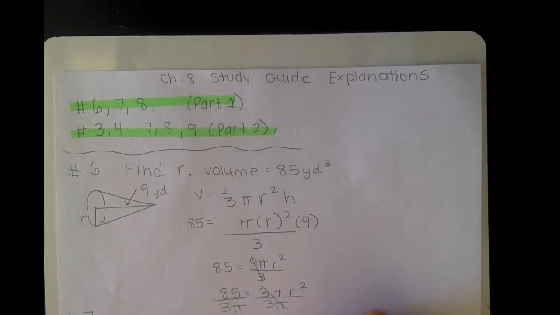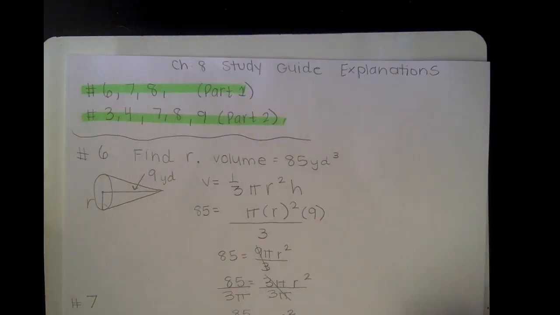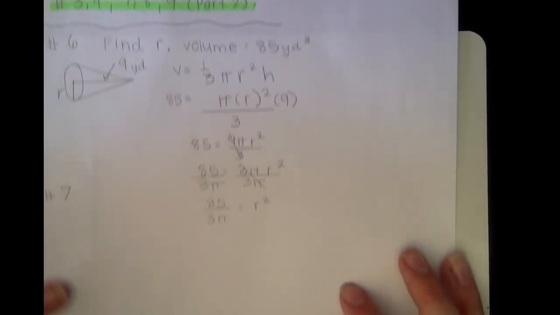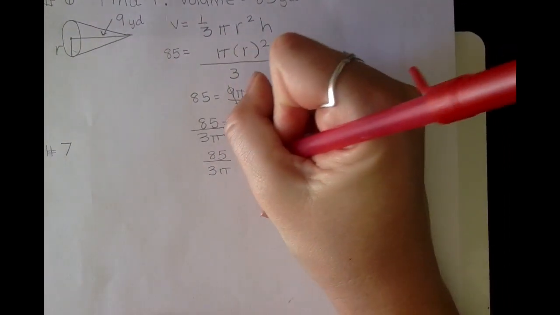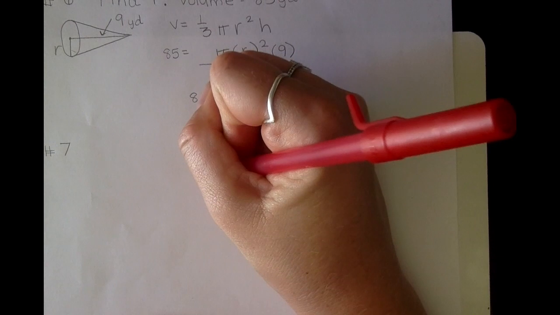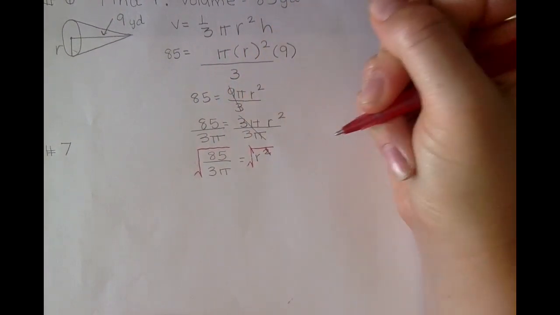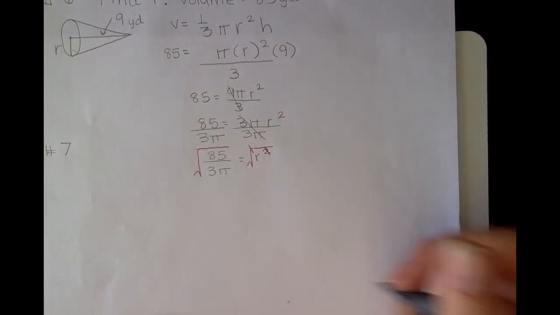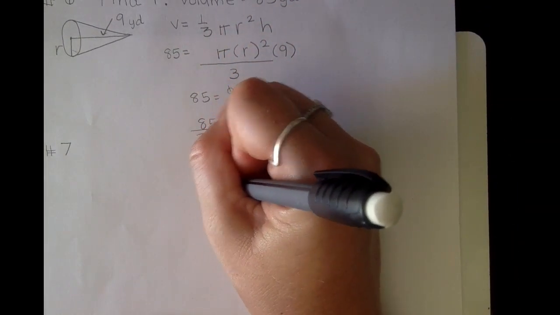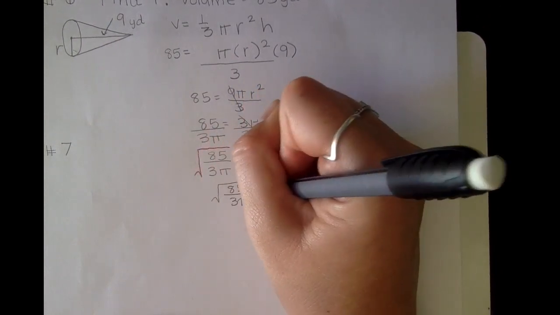Now this is where it actually gets a little weird. I want to get r alone, and right now r is being squared, so to undo that, I can take the square root of r, but that means I have to take the square root of this side. So this square root will cancel out this, and then I can actually just leave this as my answer and say that the square root of 85 over 3 pi is equal to r.